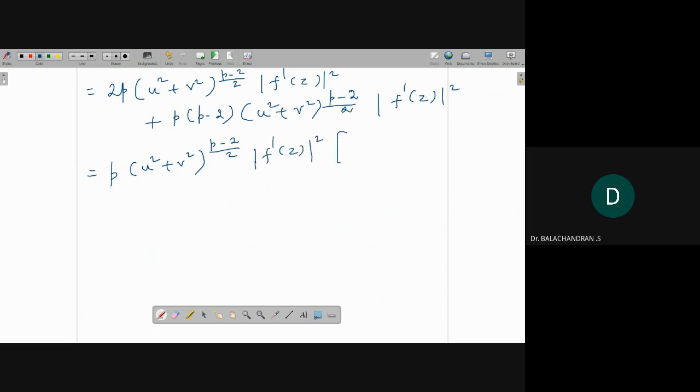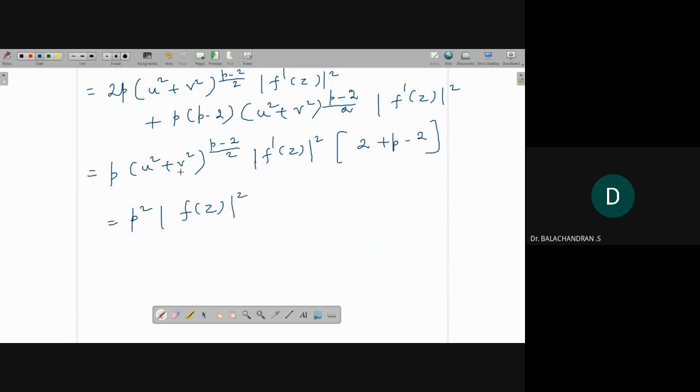Remaining here you have 2, here you have p−2. So the final answer: p² into |f'(z)|².